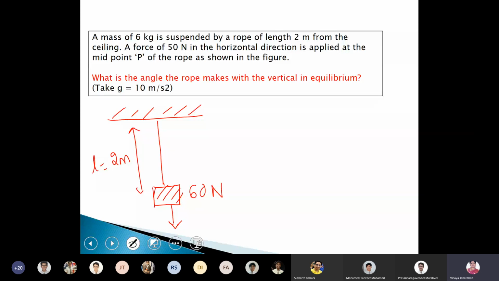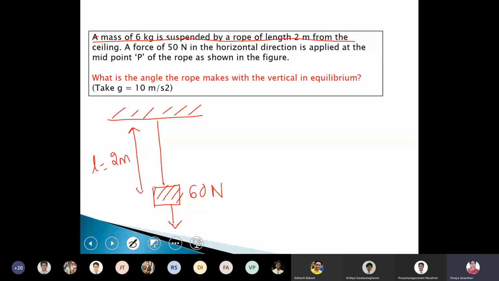So look at the first part of the question. A mass of 6 kilogram is suspended by a rope of length 2 meters from a ceiling. Is that clear, boys? Look at the diagram. You have a rope of length 2 meters.